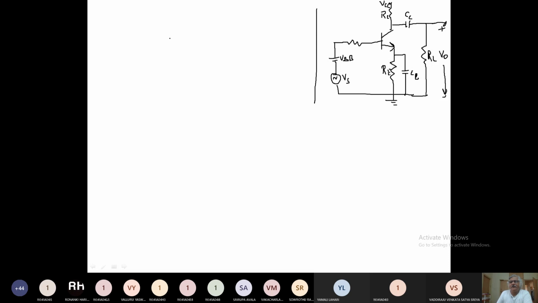We will make the capacitors short circuit. So if you make the capacitors short circuit, then our figure will be like this.